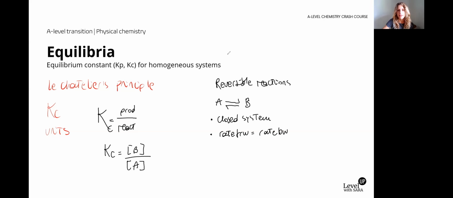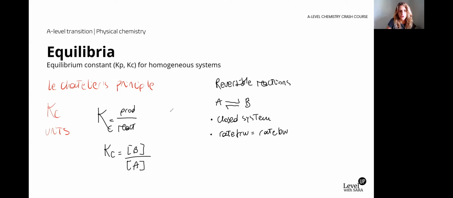And this means, remember, lying on one side or the other, or shifting to one side or the other. It simply means that the amount of that product or reactant is increasing. So equilibrium shifting to the right means whatever is on the right increases in concentration.